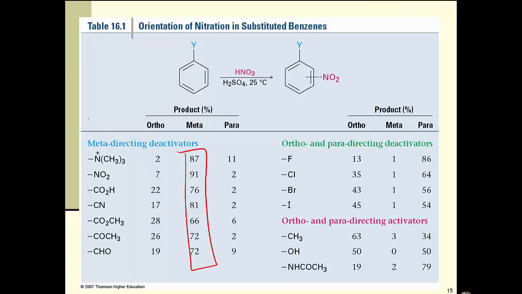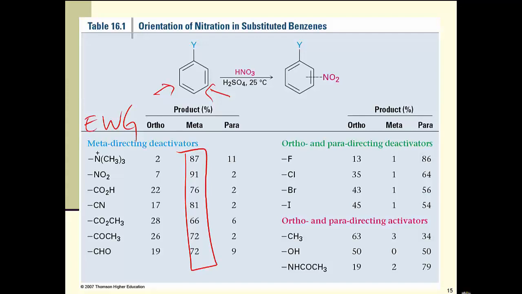In this case, I highlighted some electron withdrawing groups, and as they get stronger and stronger, we have a preference for the meta. The first two are really strong electron withdrawers, so you're not only going to get the meta, but you'll get more meta. And so you can see that there are different ratios.